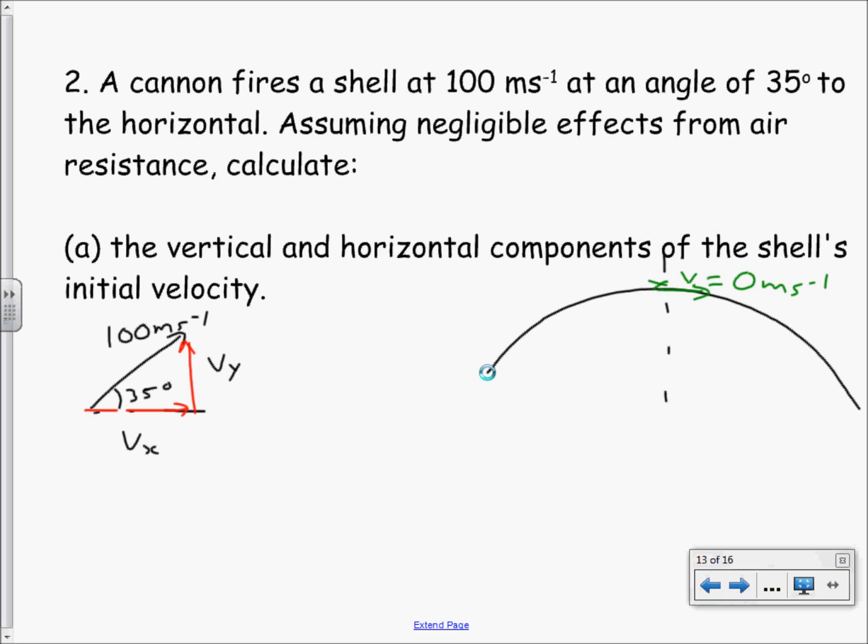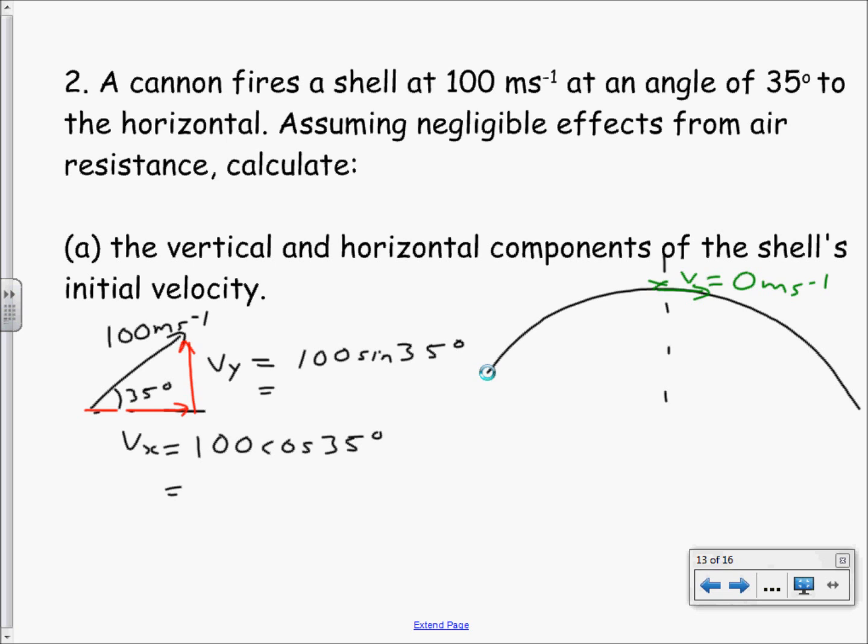All right, so Vy is the side that's separated from the angle, so therefore that is 100 sine 35 degrees. And this one, Vx, is the side that's connected to the angle, so it's 100 cos 35 degrees. We're going to be using those two pieces of information in further calculations.